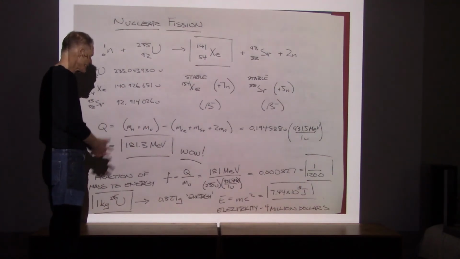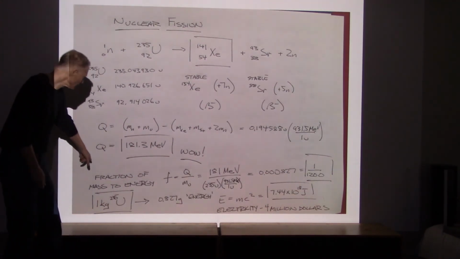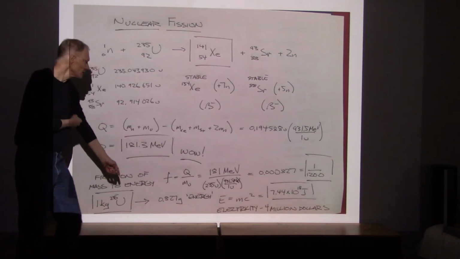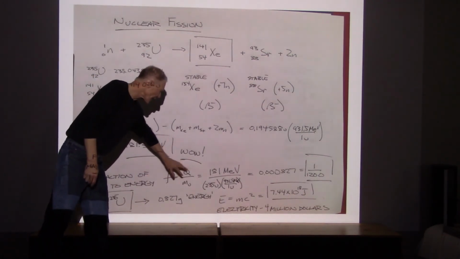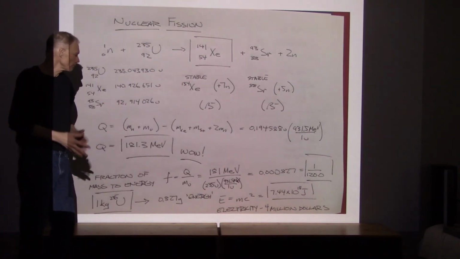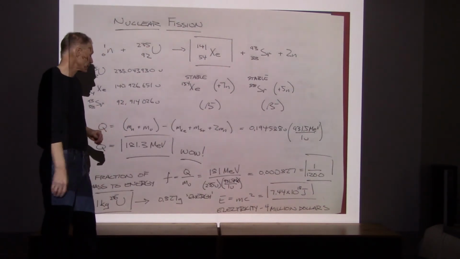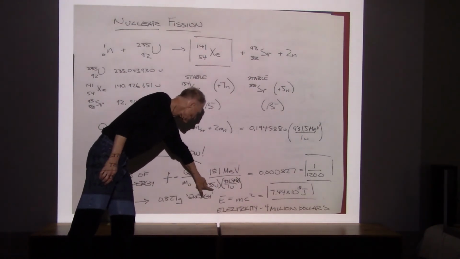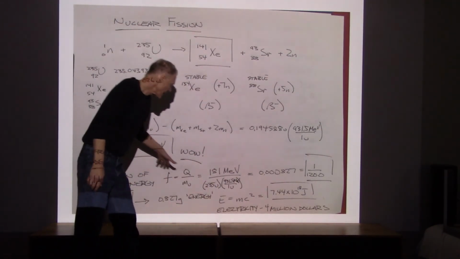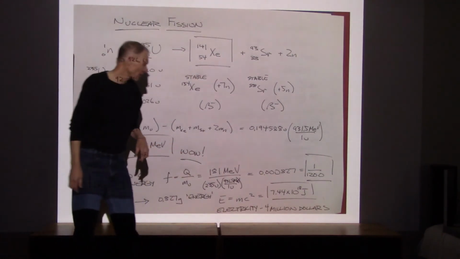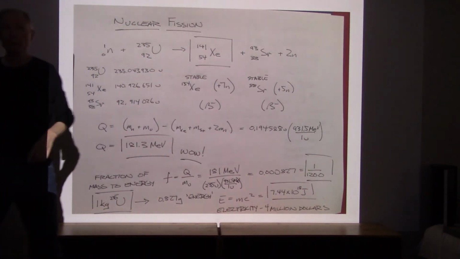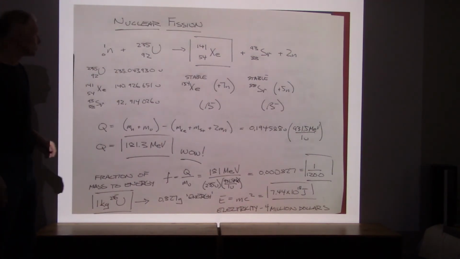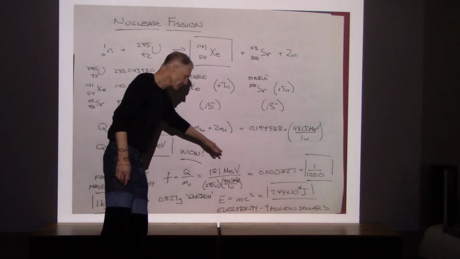So I did this calculation. What fraction of mass is being converted to energy? So I took the Q coming out, how much energy is there, or I could have used its mass equivalent. And then for the uranium, I took the 235 atomic mass units and used my 931.5 multiplier to determine how much energy that is equivalent to. And then the MeVs cancel out.